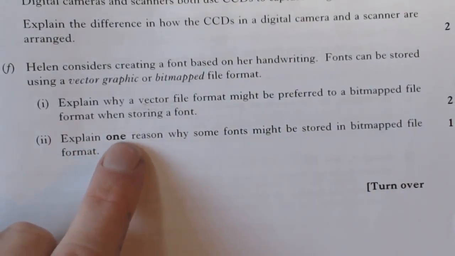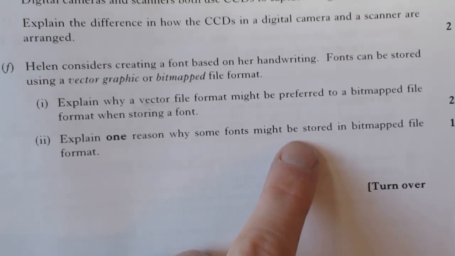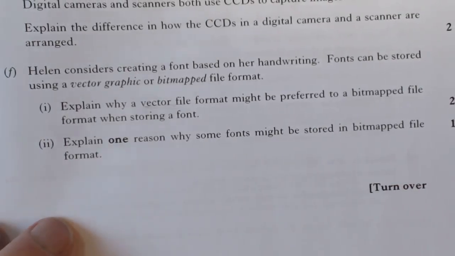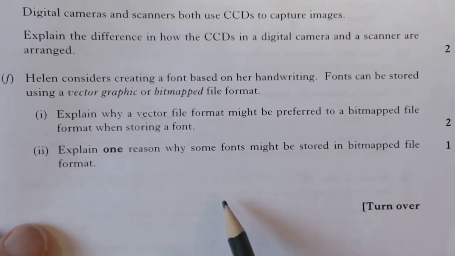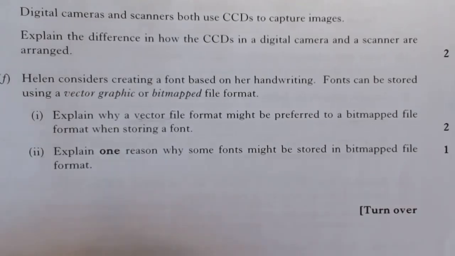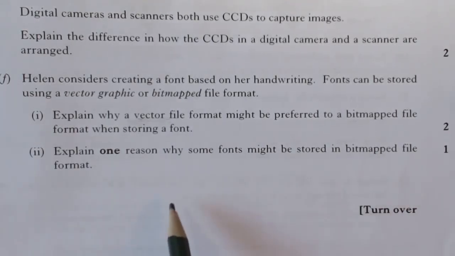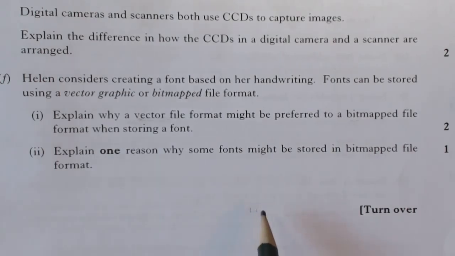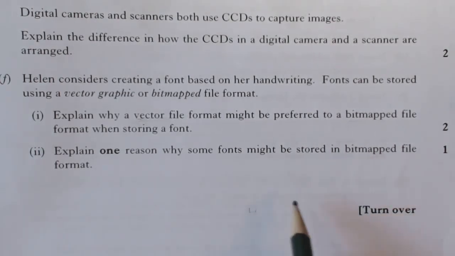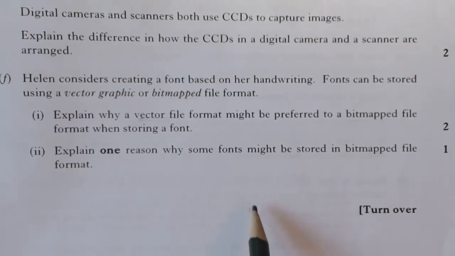Then it says, explain one reason why some fonts might be stored in bitmap file format. Vector graphics generally have small file sizes, but if you've got a very small vector graphic made up of a lot of objects, the file size gets a lot bigger. So a very small image in vector could end up a bigger file size than in bitmap, because it's saving so many vector properties of the objects.